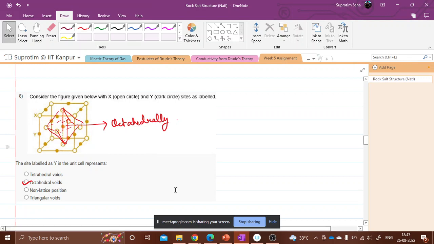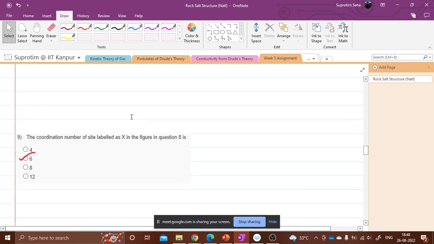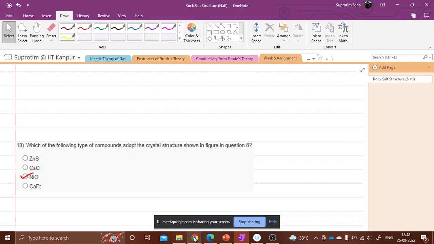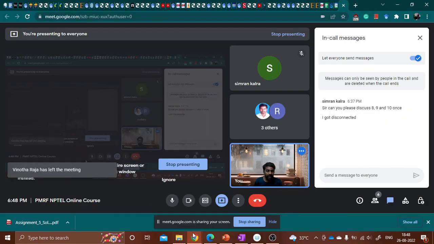So there are 6 nearest neighbor atoms in total, and you have to take into account the nearest neighbor cubes also. This will fall on a different cube, and this and top will fall on a different cube. So the site marked as X will have 6 nearest neighbor atoms, so they are octahedrally coordinated.